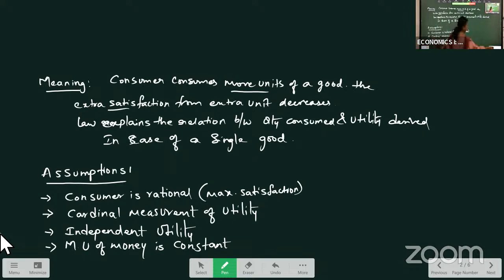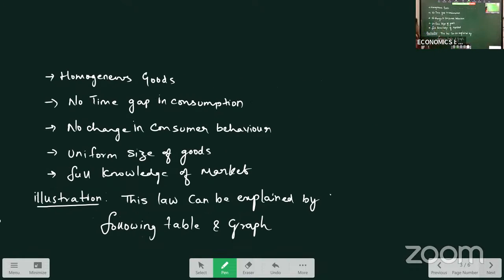Okay. Then, next assumption, we assume goods are homogeneous. Yes, the goods are homogeneous. Homogeneous means what? Same. Means the goods are of the same type, same size and all. There is no change in the shape, color and all. No time gap in the consumption here.